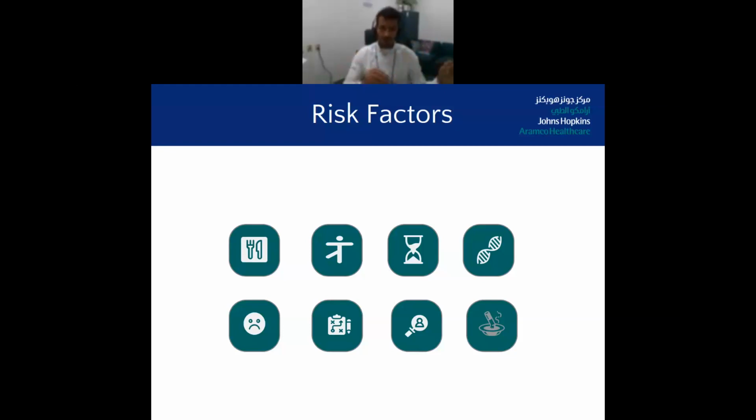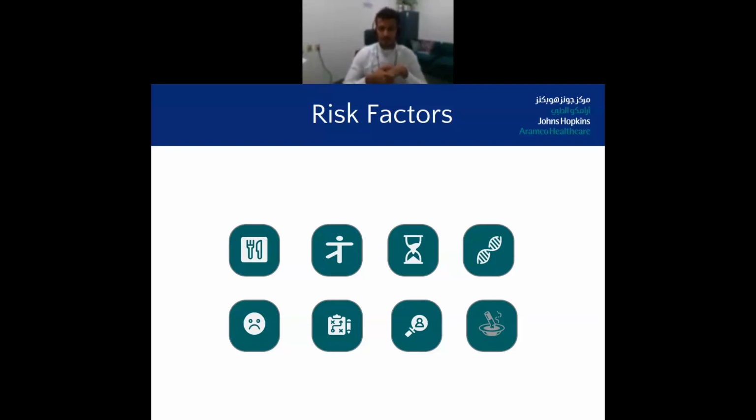Poor diet could lead to obesity and could lead to hypertension, and also not having enough physical activity. We're not exercising, we're not doing the bare minimum of physical activity during the day or the week or the month. So we have a problem with our physical activity. A sedentary lifestyle could lead to hypertension.